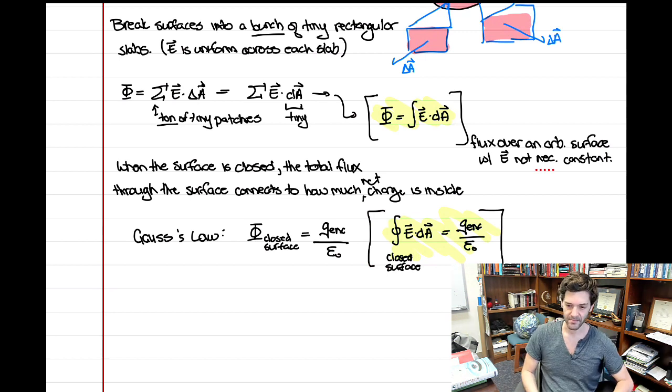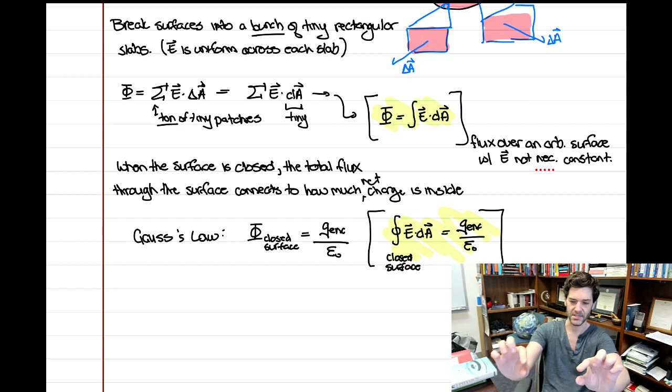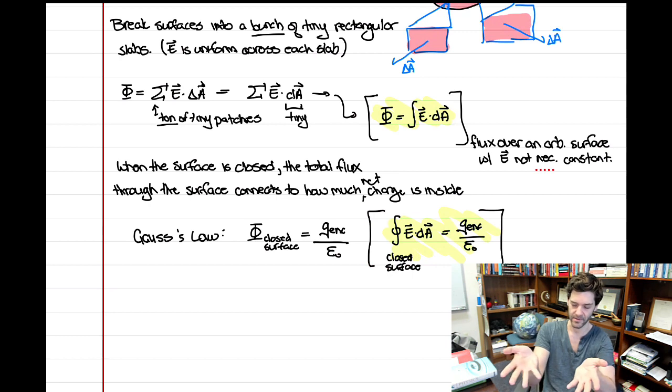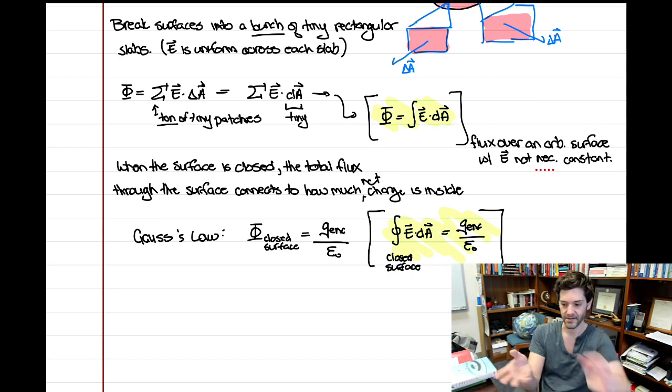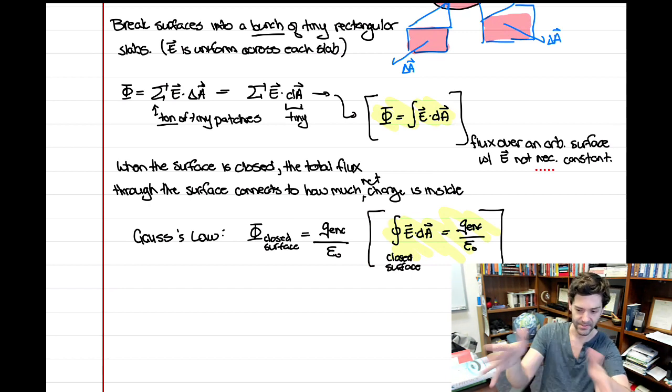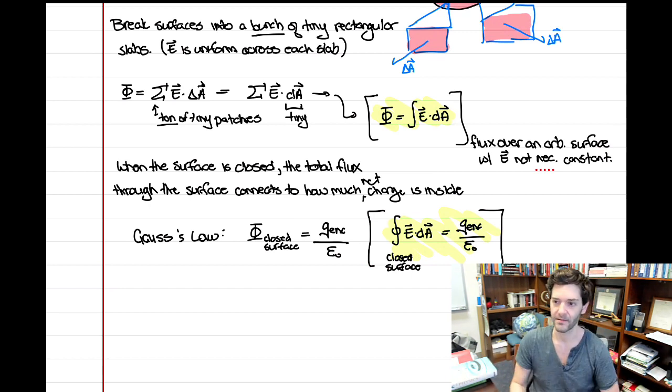But I could just take the book away and just imagine the faint ghostly outline of that box. And I could still ask, in that volume outlined by the ghost outline of where the book used to be, I can still ask about flux going in and out of that surface. Even though that's not an actual surface, it's a surface that I'm imagining, I'm creating.